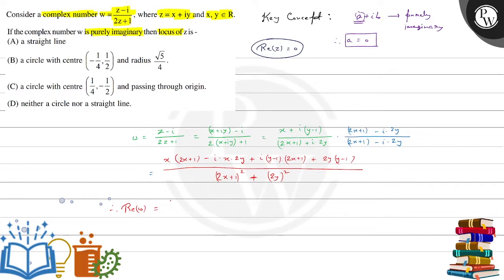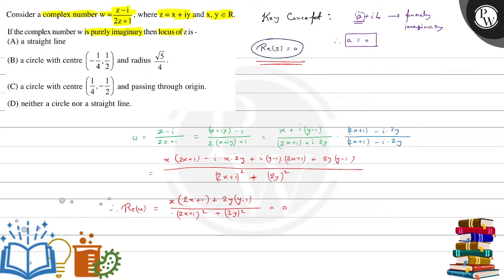So this is basically (x times (2x plus 1) plus 2y times (y minus 1)) entirely divided by ((2x plus 1) whole squared plus (2y) whole squared). This is going to be equal to 0 because the real part of a purely imaginary complex number is equal to 0.